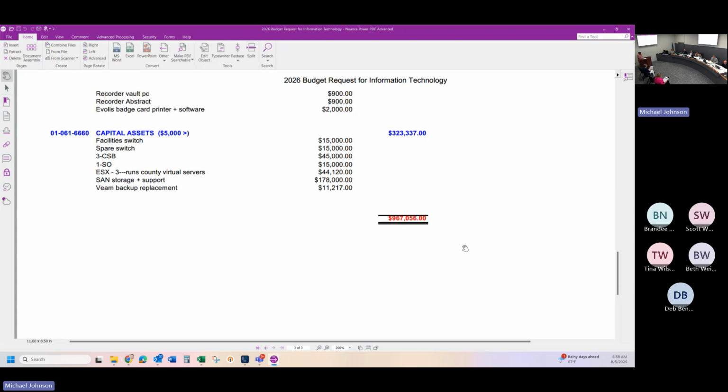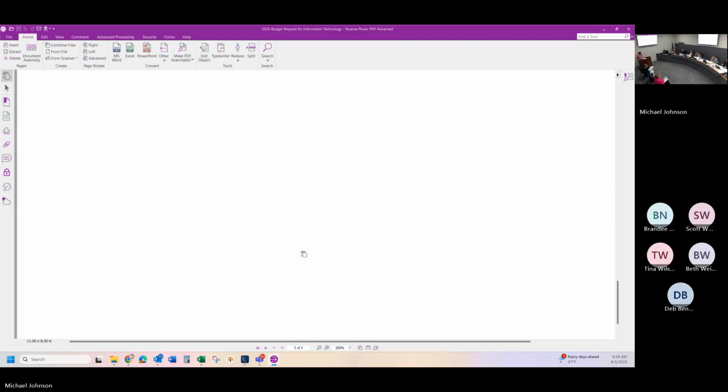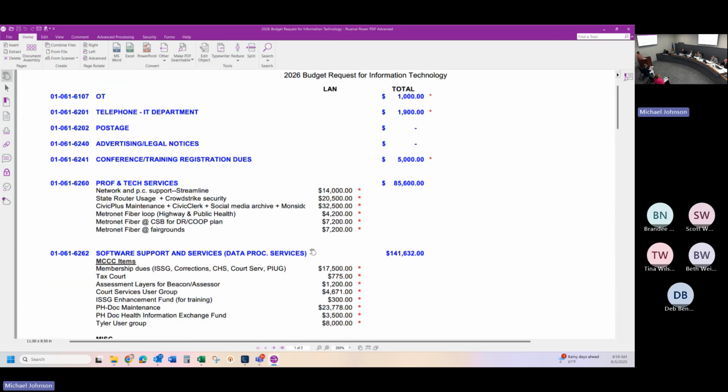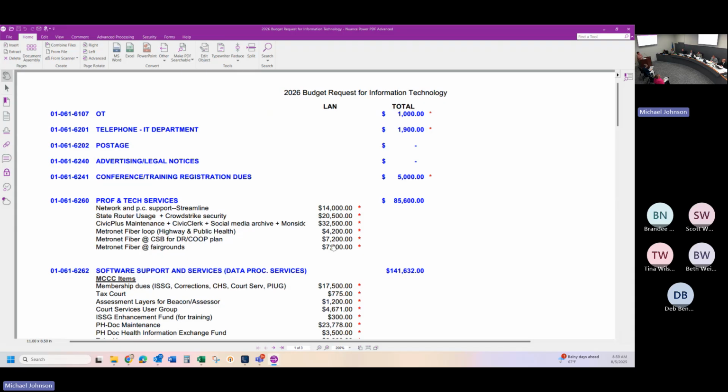We have our ESXs, that's our 3 servers that run about 40 virtual machines across these systems, and those were replaced in 2020 along with the CARES dollars, and same with our SAN, that's our storage, where all the data goes, and then a Veeam backup replacement is in the works for the next year. Like I said, this isn't every single thing, but it's the big things that come out of IT.